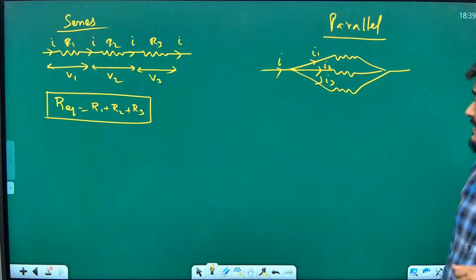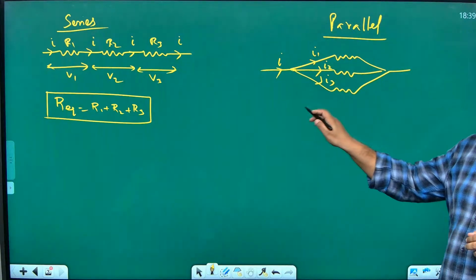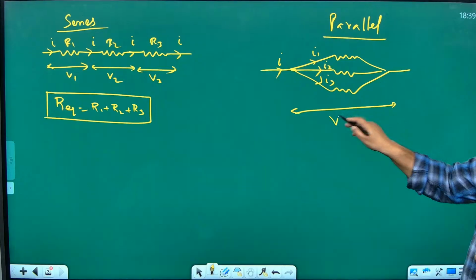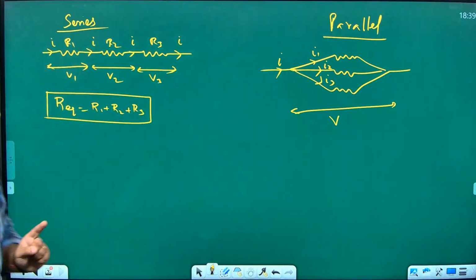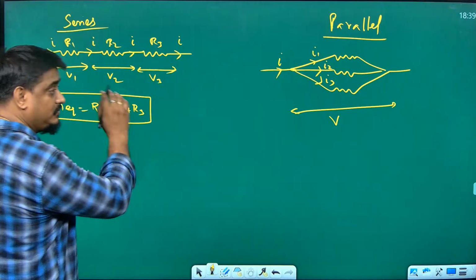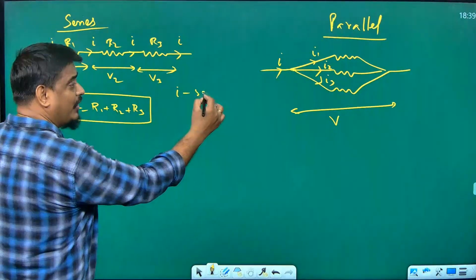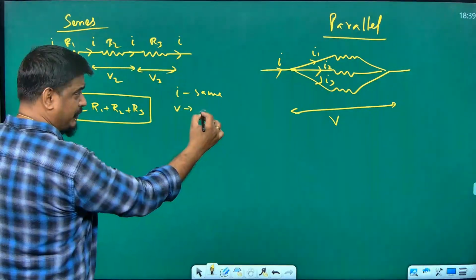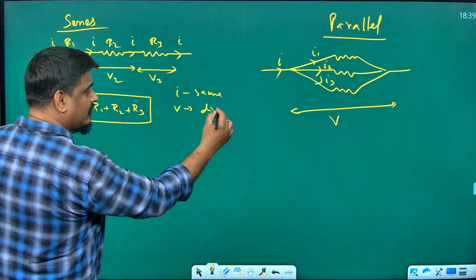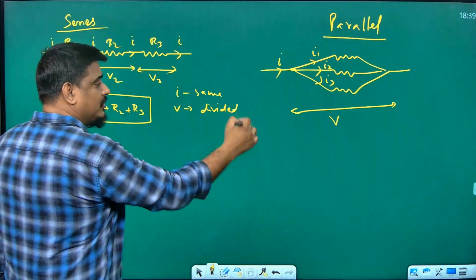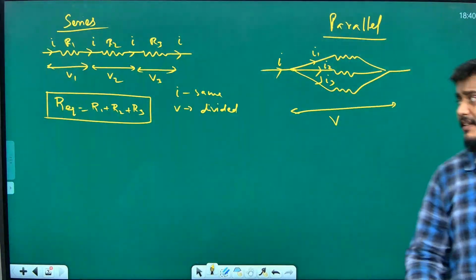So in this case, the current will get divided, but what remains same? The potential remains same. So you should always remember, in series connection, what is same? Current is same. What is divided? Potential difference is divided. In the case of parallel connection, what gets divided?